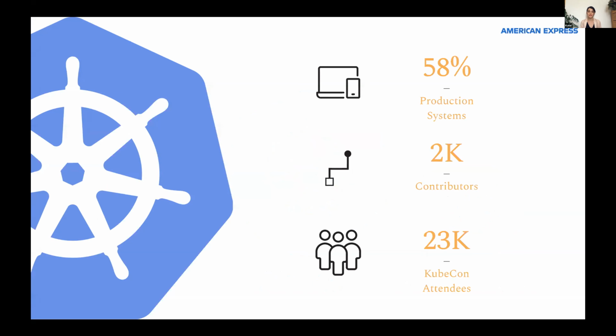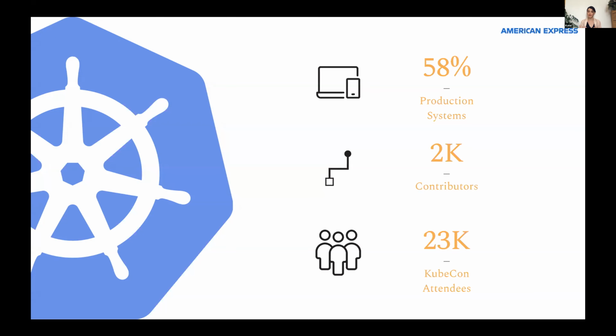Based on its open source nature, more than 58% of the companies are using Kubernetes in production systems. Now, this is based on the CNCF survey last year in 2019. It's worth mentioning that over 42% of the surveyed companies are prototyping Kubernetes as a viable solution to move forward. Another milestone I would like to mention here is that more than 2,000 of the surveyed companies are using Kubernetes in an enterprise system.